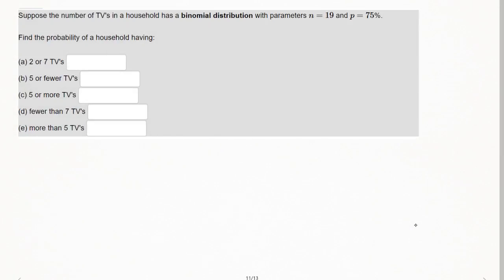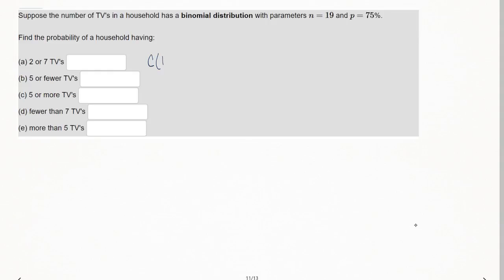So now let's see how we can work these in terms of what's happening for a binomial distribution. Suppose the number of TVs in a household has a binomial distribution with parameters n equals 19 and p equals 75%, which is 0.75. Find the probability of a household having 2 or 7 TVs. Okay, so in that case, what we can do is use combinations.